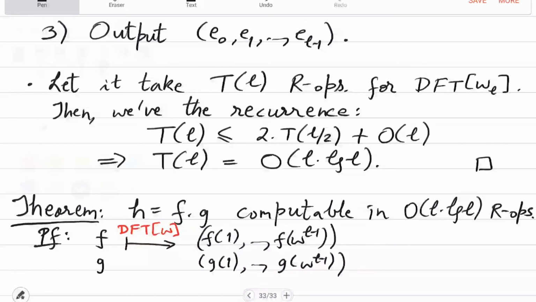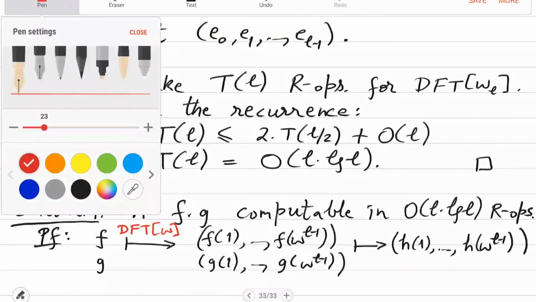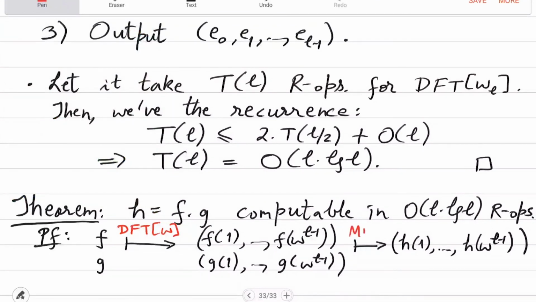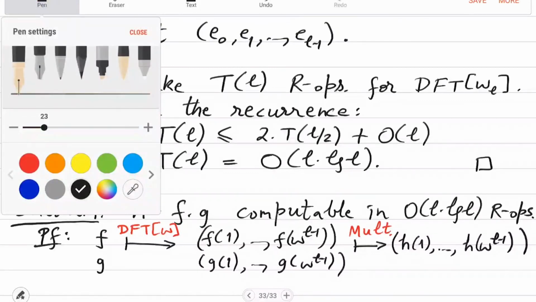Once you have these 2L values, you will just multiply them coordinate-wise. So that takes R operations. So multiplication gives you the values of h, right? So you get h at 1, omega, dot dot, h at omega to the L minus 1. So that is the multiplication in the ring.